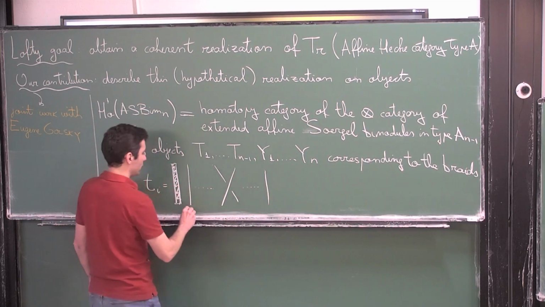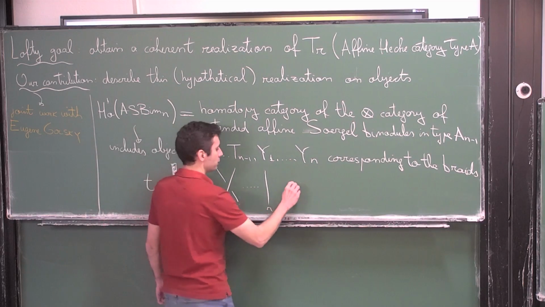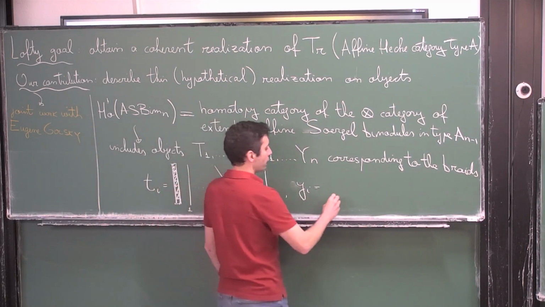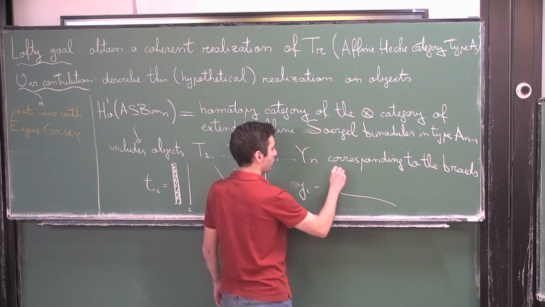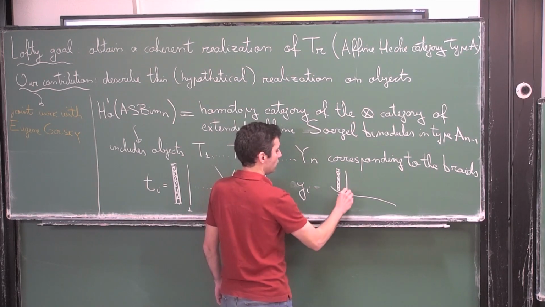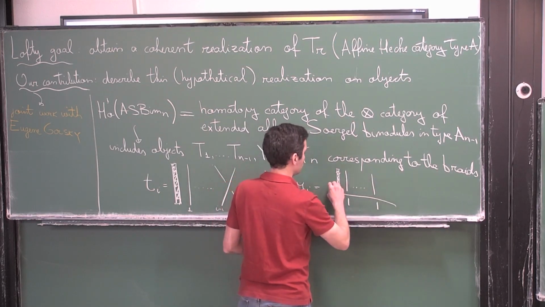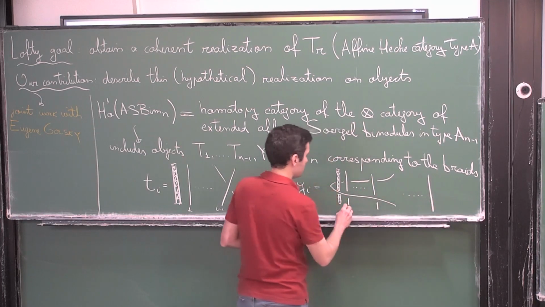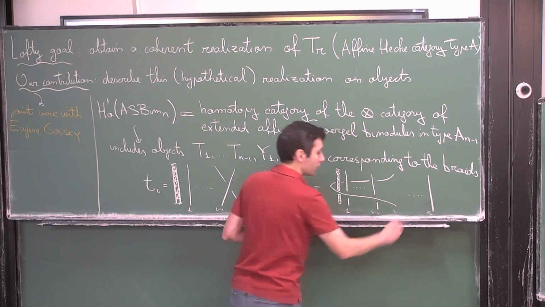This is strand 1, strand i minus 1, strand i, strand n. And Y_i, well, let me write the braids with small letters. y_i is going to be this thing. The pole is here. This is strand 1, strand i minus 1, strand i, strand n.